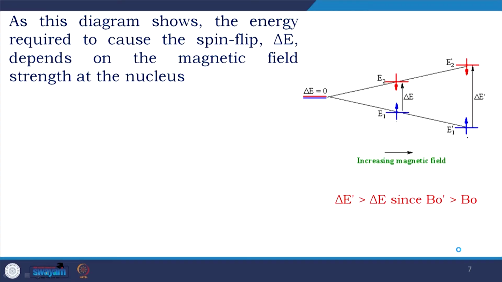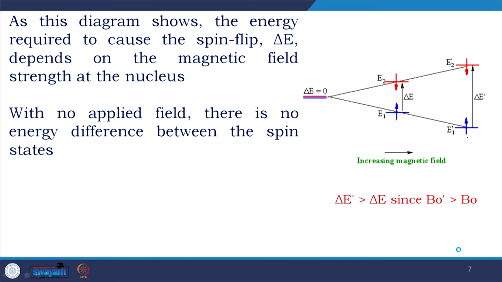So, as this diagram shows, the energy required to cause the spin flip, del E, depends on the magnetic field strength at the nucleus. With no applied field, there is no energy difference between the spin states. There are two spin states, we understand them, but without any external applied magnetic field, there is no difference, del E is 0.